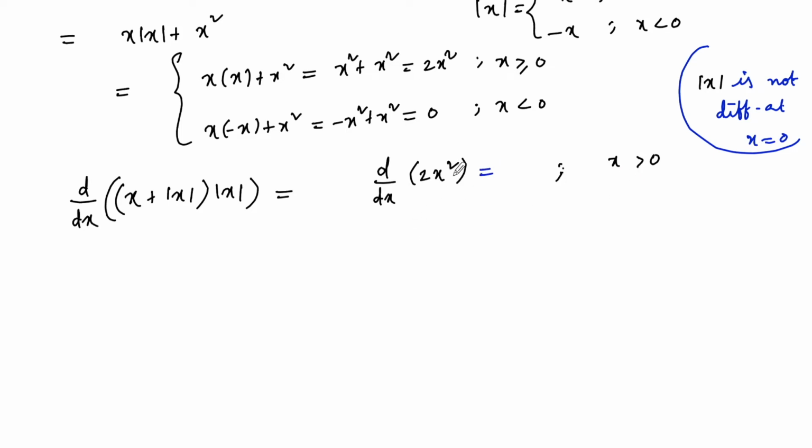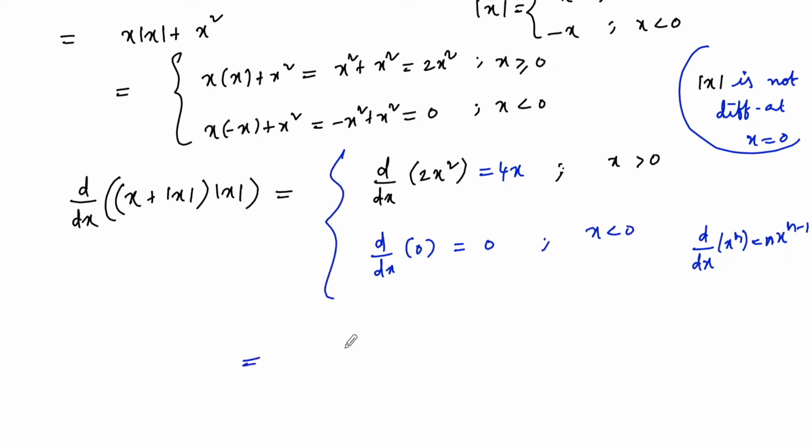Differentiation of 2x square is 2 into 2, that is 4x, since differentiation of x power n is n into x to the power of n minus 1. And differentiation of the next one is 0, so we will get 0 for x less than 0. So the answer is 4x when x is positive and 0 when x is less than 0.